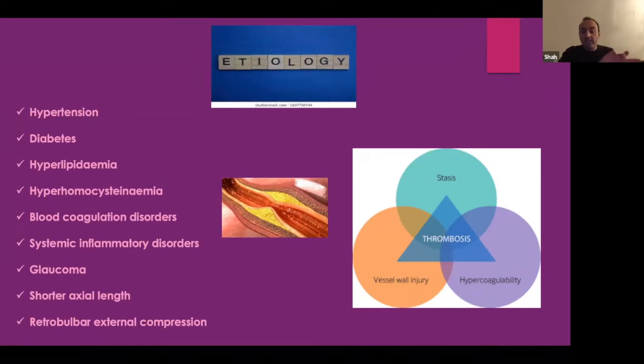But within the venous side itself, you can have thick, sticky blood. So conditions like polycythemia rubra, where we get high red cells. If the blood vessel wall itself is sticky, like in vasculitis, these are risk factors for vein occlusion as well. Sometimes if the pressure is very high, as in glaucoma, I'm talking quite high pressures, that can compress the vein in the back of the eye as well.